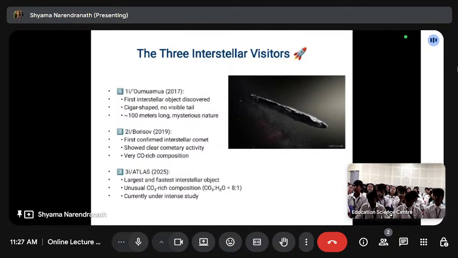Then Borisov in 2019, a very clear cometary activity was seen, and a very CO-rich composition. And the third one is our 3I/ATLAS that's currently there. That also has an unusually rich CO2 composition. So the composition tells us how it formed and from where exactly it must have come, which stellar systems.